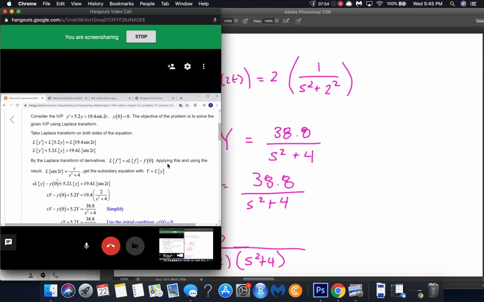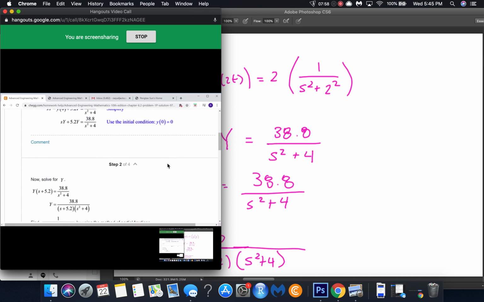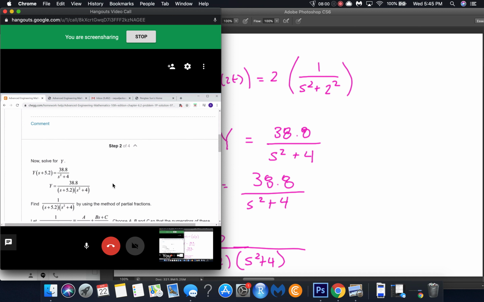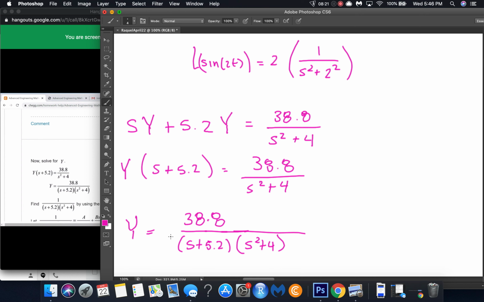From here, we will solve for what y is, but before we do that, we need to use the method of partial fractions, because we want to use the inverse of the Laplace transform. In order to use the inverse Laplace transform, you need to have these terms in isolated fractions.